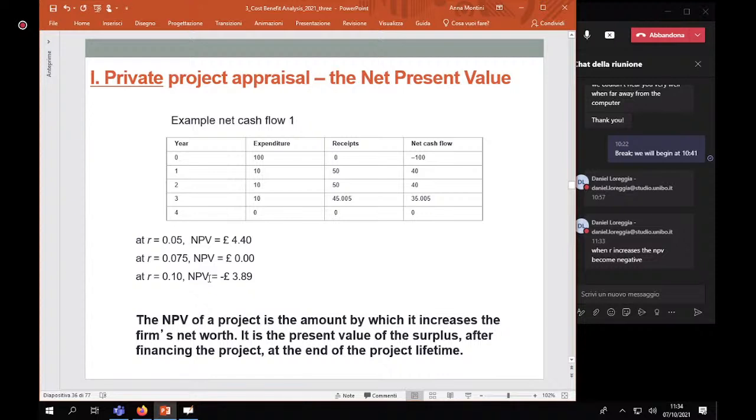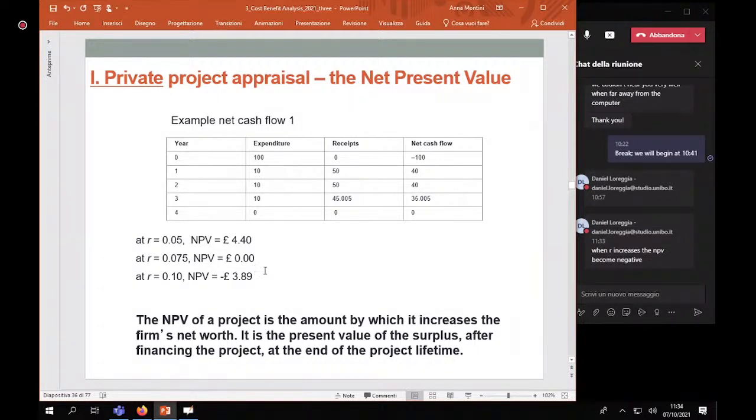And you can decide on this basis to not go ahead with a project like this. If you choose a discount rate equal to 7.5, the net present value test gives you 0.